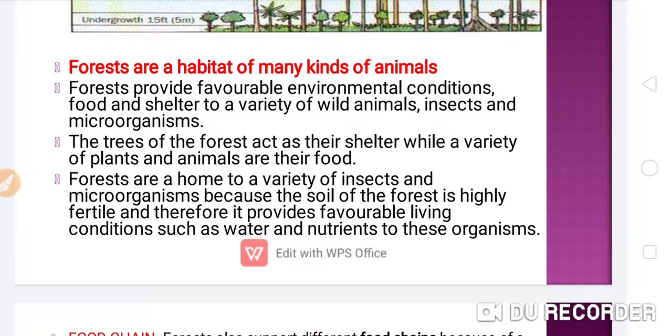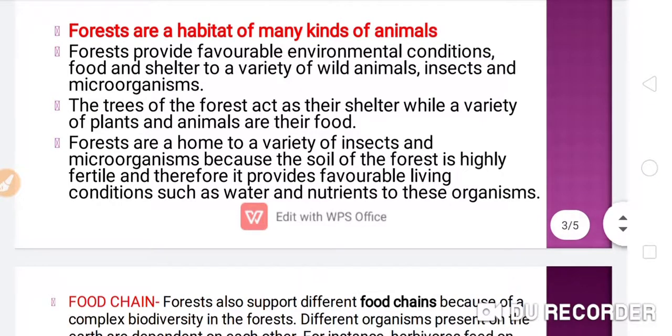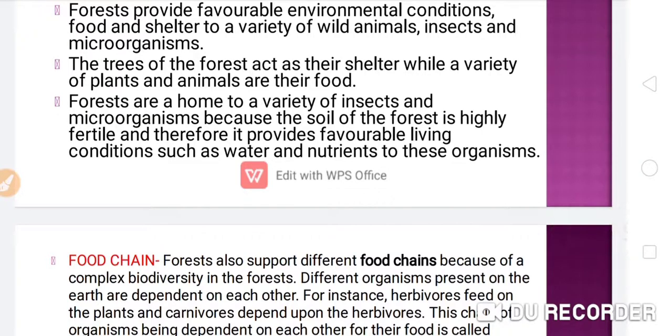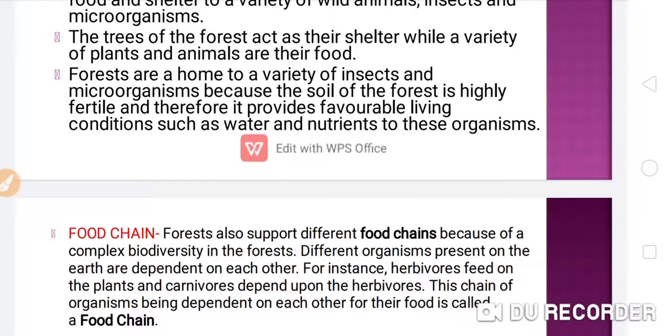The trees act as their shelter, and a variety of plants and animals are their food. Forests are also home to insects and microorganisms because the forest soil is highly fertile and provides favorable living conditions such as water and nutrients, so they can survive here.